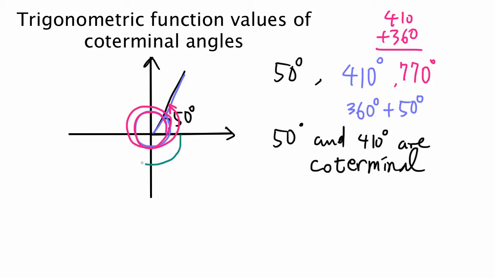If you go backward, you end up with negative 310 degrees, 50 degrees short of 360 degrees, but in the negative direction. So if you add or subtract 360 degrees once, twice, or three times, as many times as you want, you will always end up with the same place, and that's going to produce coterminal angles.